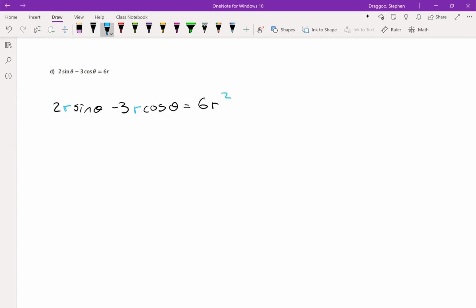And then I can make substitutions for each of those pieces. 2y minus 3x is equal to 6 times x squared plus y squared. And that would be our equation in rectangular coordinates.